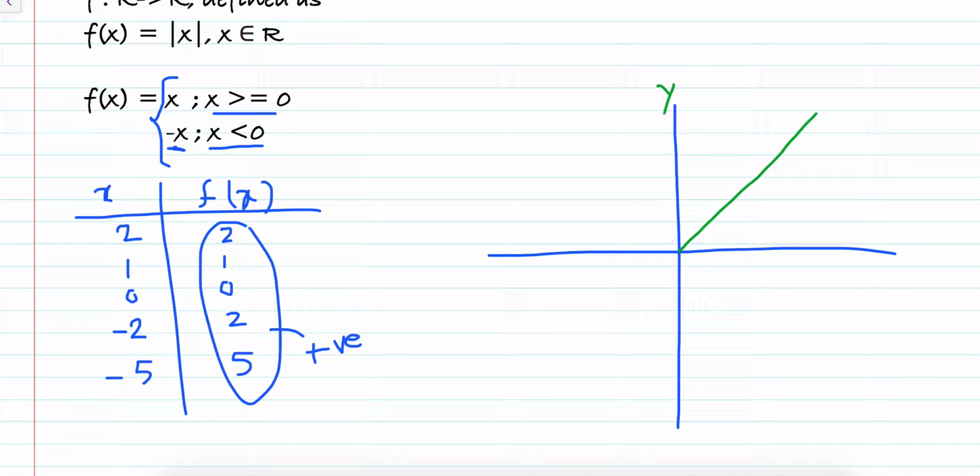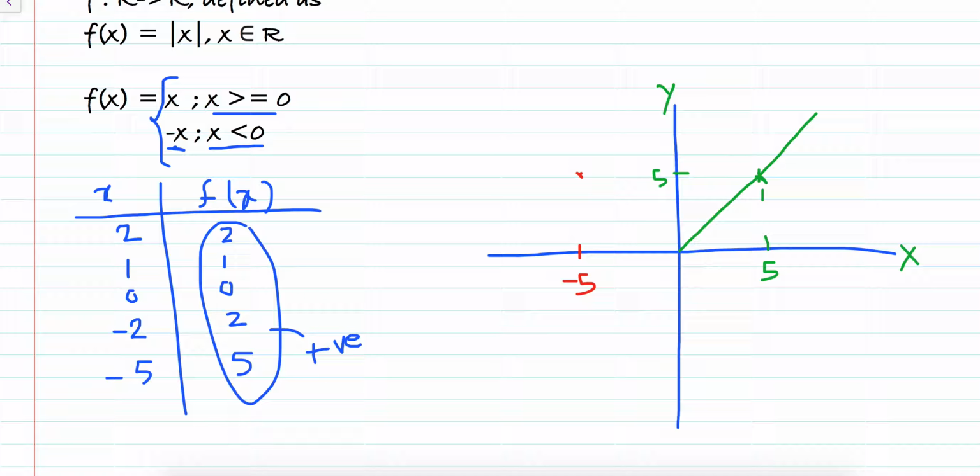This is our y-axis. For any value, if it is 5, so if it's 5, y is also 5. For negative, if x is negative, like minus 5, then we change this sign. So minus 5 becomes plus 5.